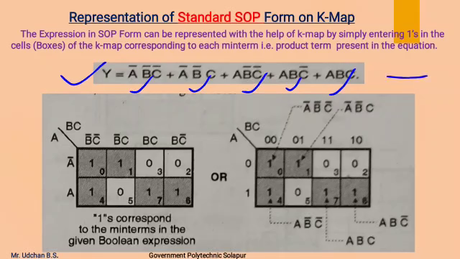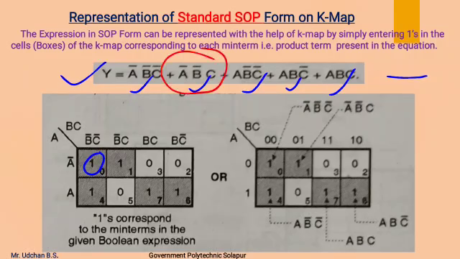Now in this equation there are 5 product terms, so I can enter 5 ones in the boxes of the Kmap. The first product term is A bar, B bar, C bar. So the position of the A bar, B bar, C bar product term is over here, so 1 is entered in this cell.